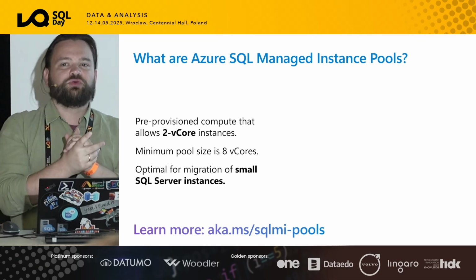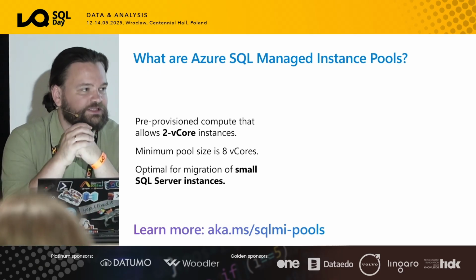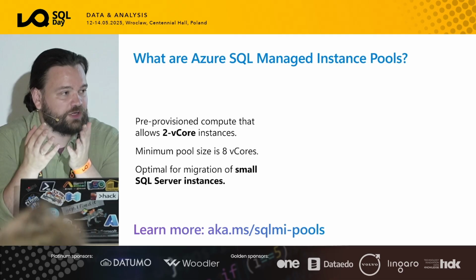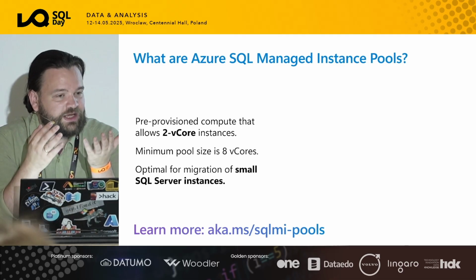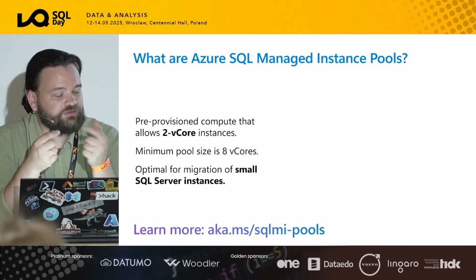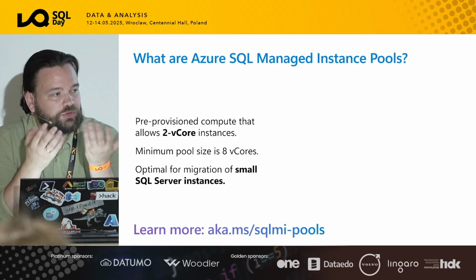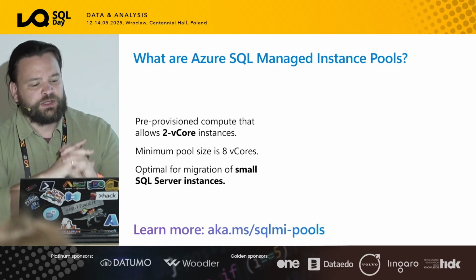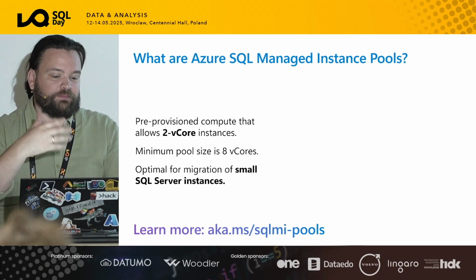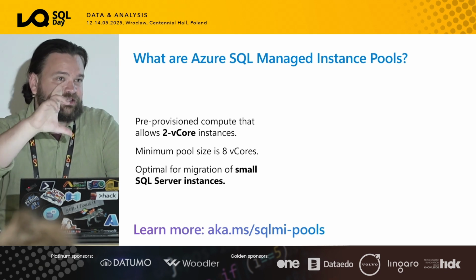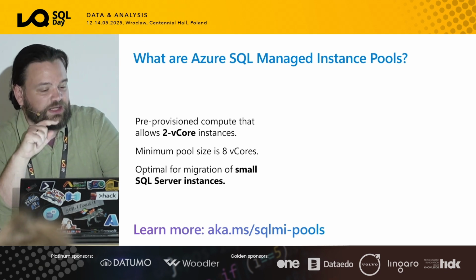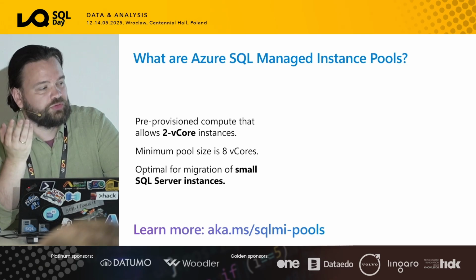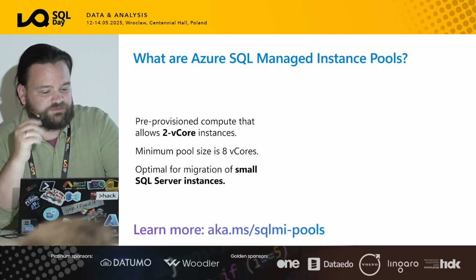If you have 4 instances and you want them to be small, if you put them in an 8 vCore instance pool, you can save basically 50%. There are other benefits. Because this is a pre-provisioned resource, provisioning instances within a pool is faster and more convenient.